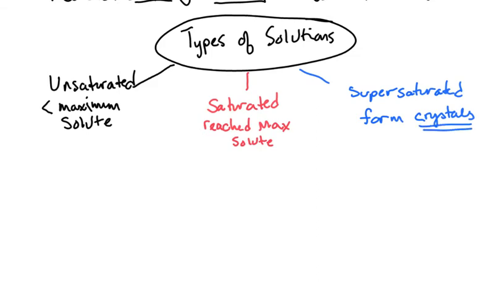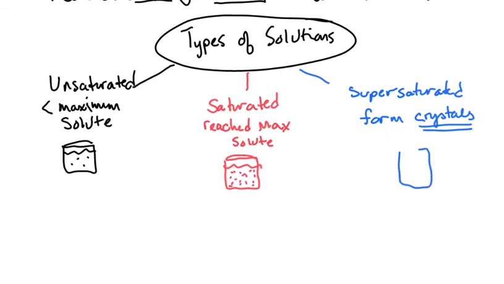So if we were going to draw this as a representation, we could draw our beaker here. Of course, this is actually dissolved, so you're not going to see the actual particles. But here we would just have a little bit of solute relative to this one, where we would have much more. And then, of course, supersaturated, we said that we're going to be forming crystals, which will kind of look like solid pieces.